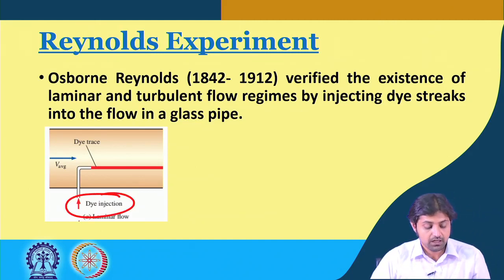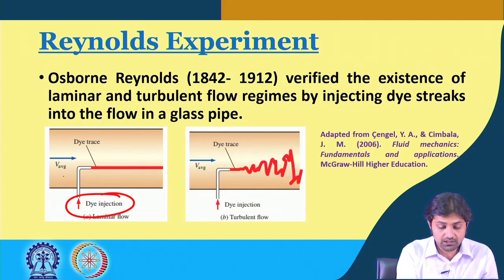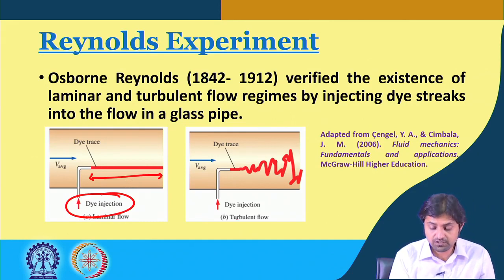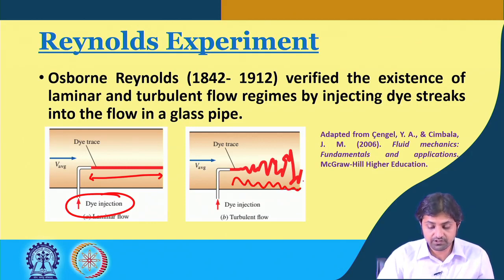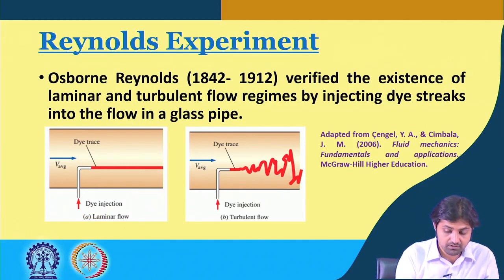At a certain velocity, the dye had a movement like this because the fluid became colored, but when he increased the velocity, the dye tracer started having fluctuations like this, as you can see, and this was a clear indication of the existence of laminar and turbulent flow regimes.